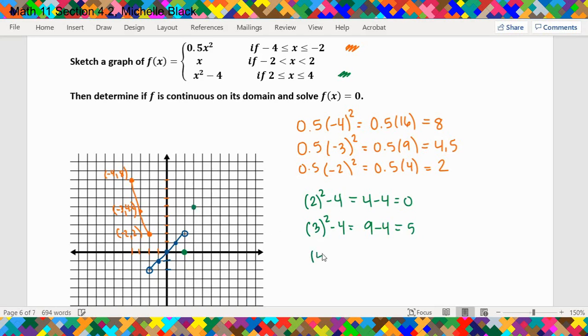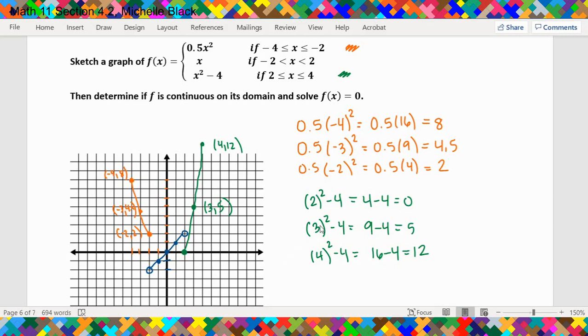And I'll plug in 4, which is also included. This gives me 16 minus 4, which is 12. So this is 5, 6, 7, 8, 9, 10, 11. We'll have to go up one more, then that's actually there. And again, this is x squared minus 4, so this is a parabola, so I expect kind of a curved shape.